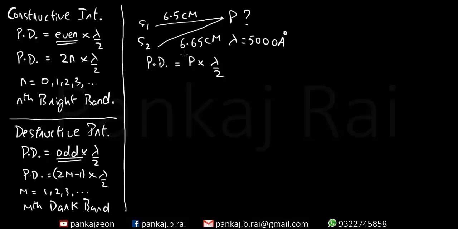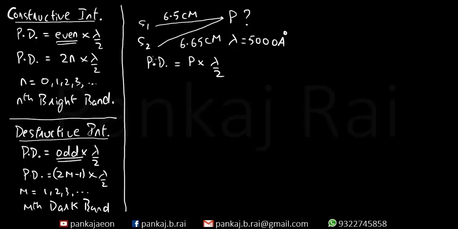If it happens to be an even number, then we would know that it is a constructive interference, and if it happens to be an odd number, then we would know that it is a destructive interference. So our objective is to find this variable p, where the path difference is p into lambda by 2.